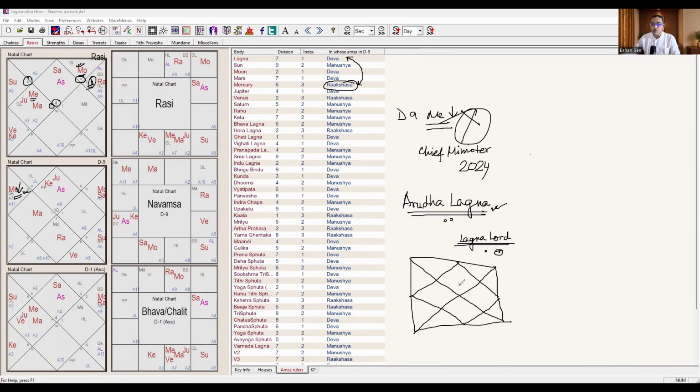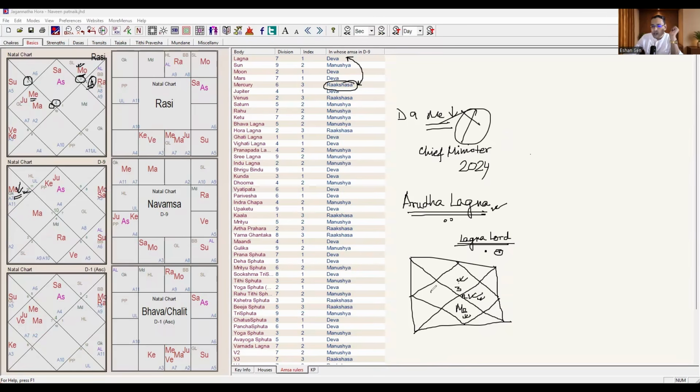Clear? Now, suppose again for Gemini, your Mercury is over here. So it is 7th. And if you count 7 from here, it is coming to the Lagna. Arudha Lagna cannot be in the first house or in the 7th house. So you have to move 10 houses from there. So 10 houses, the 10th house of Pisces will be your Arudha Lagna.